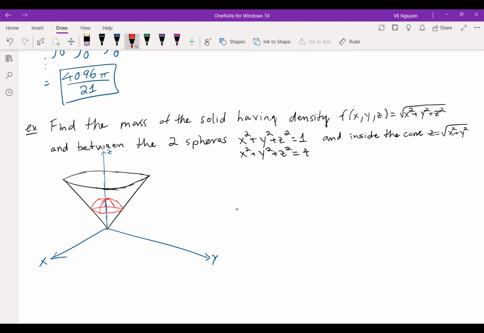So this is the part of the cone right here.